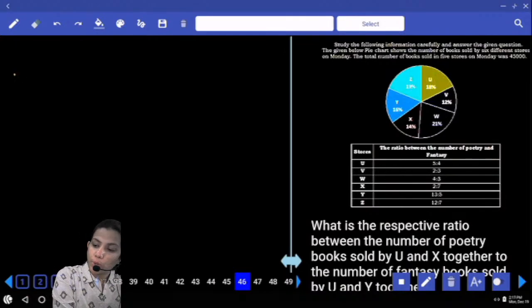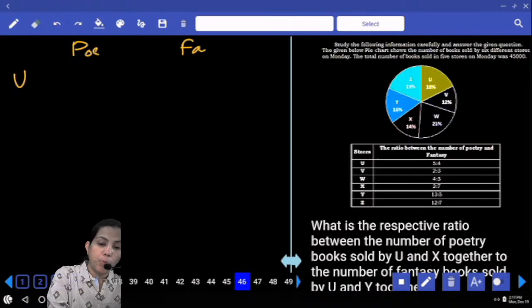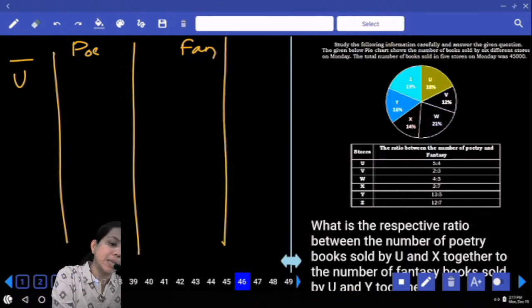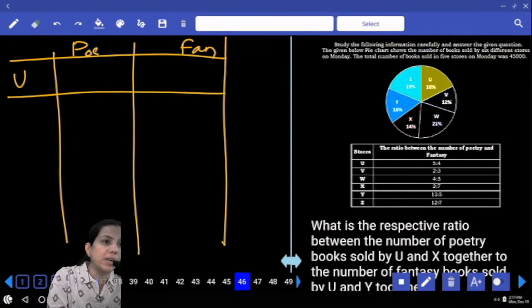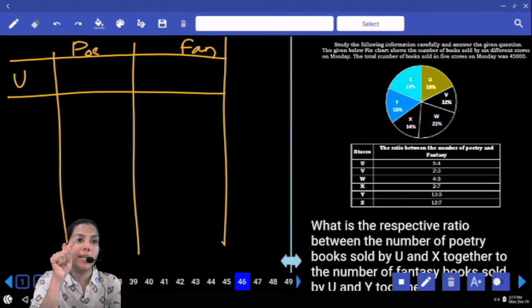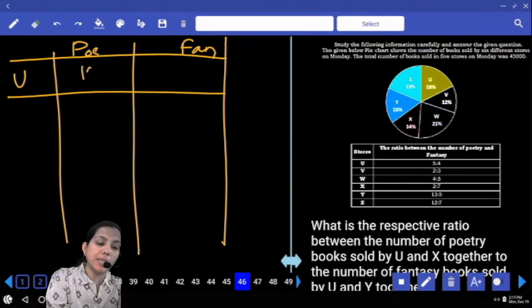U is equal to, and the number of poetry books and the number of fantasy. Poetry and fantasy. Complete data should be in percentages again. Since percentages are given, no need to convert into values. What is U in the pie chart? 18% distributed in 5:4 means it is 10% and 8%. 10:8.